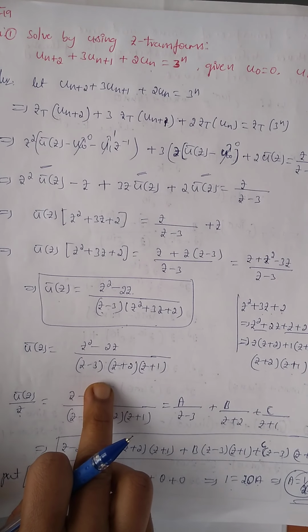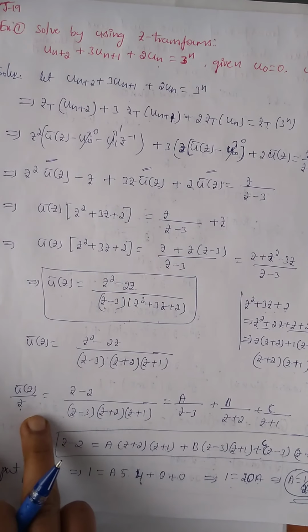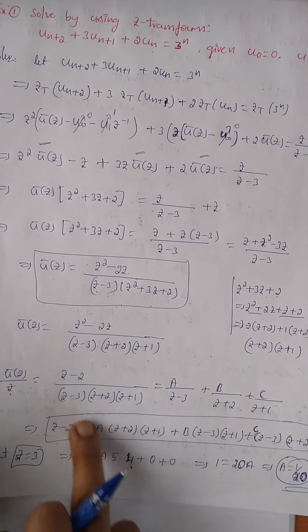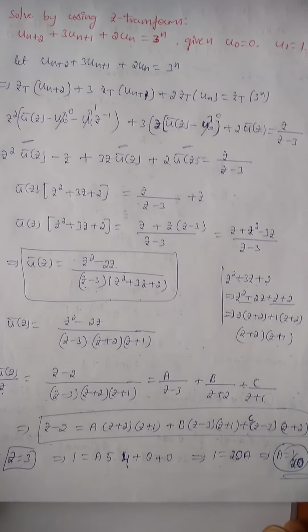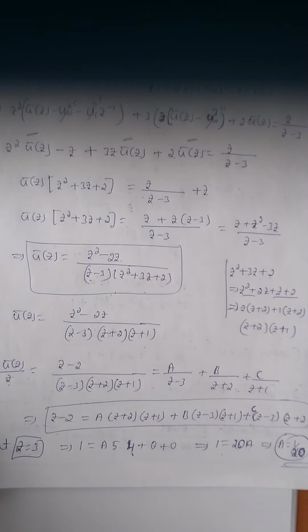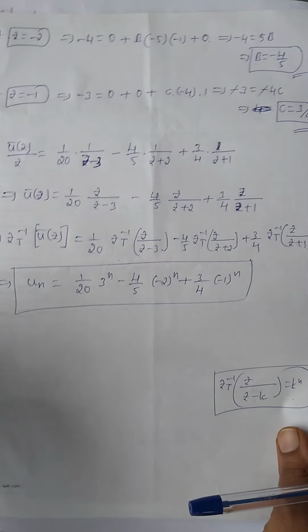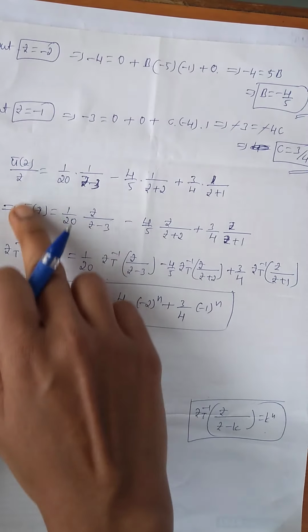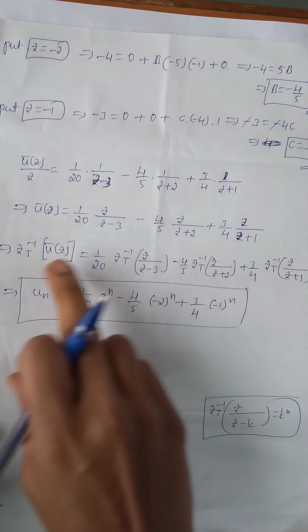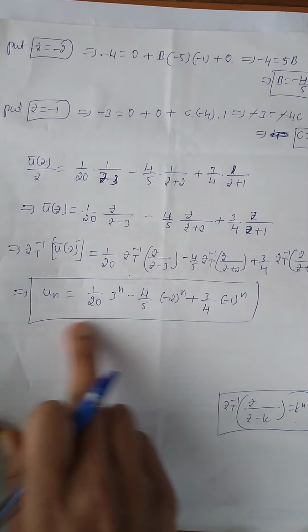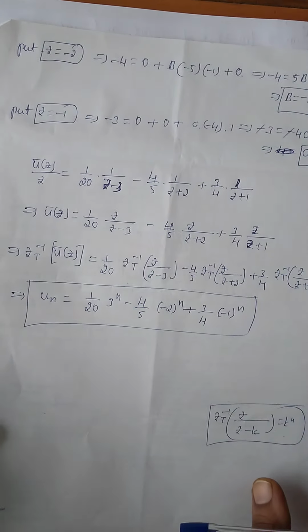This is for non-repeated linear factors. So apply partial fractions and find the constants A, B, C. Next, substitute the ABC values in this equation and we'll get the U bar of z term. After getting this, apply inverse Z transform on both sides, and we'll get the Un solution. This is the final solution.